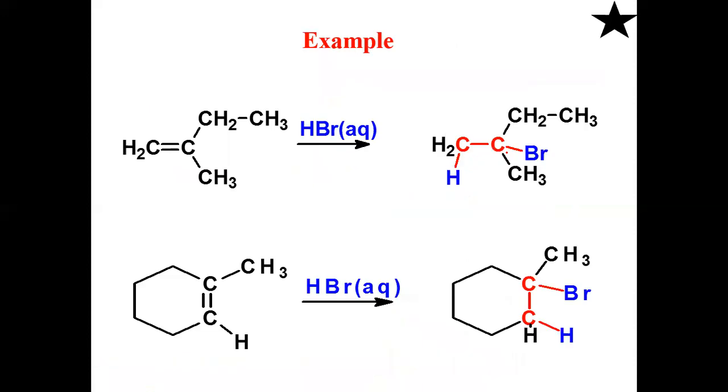Okay, example. This is an example of your hydrohalogenation process reaction. So kalau kamu tengok dekat sini, CH double bond kat sini. So bila kita simplifykan compound ni, so dia akan jadi H2C double bond C, CH3.